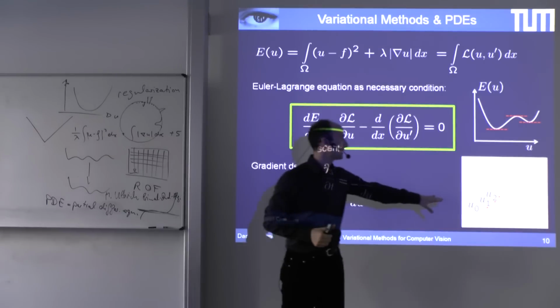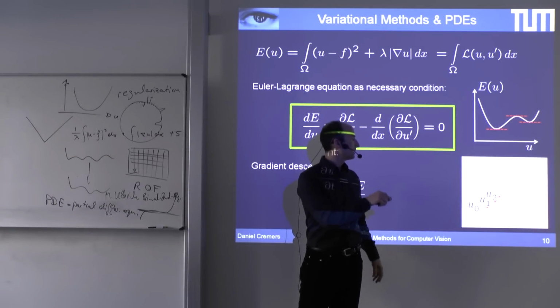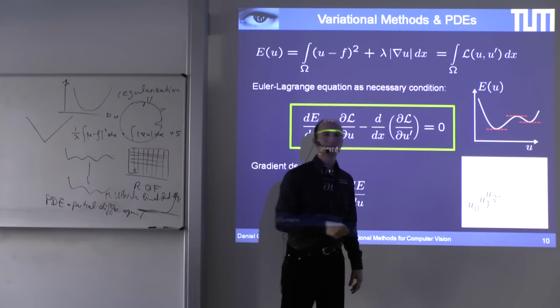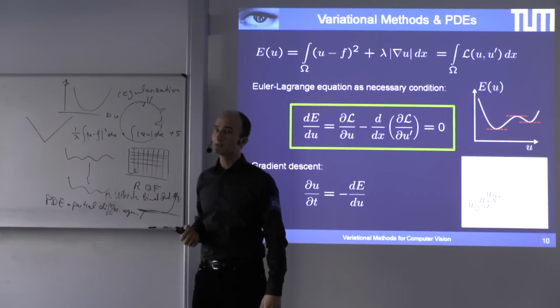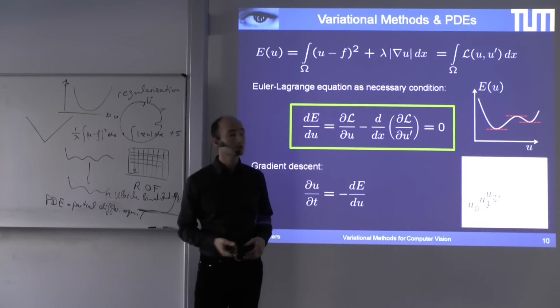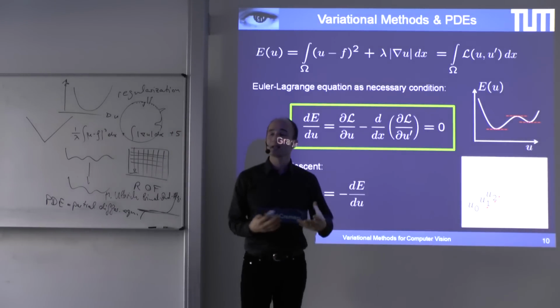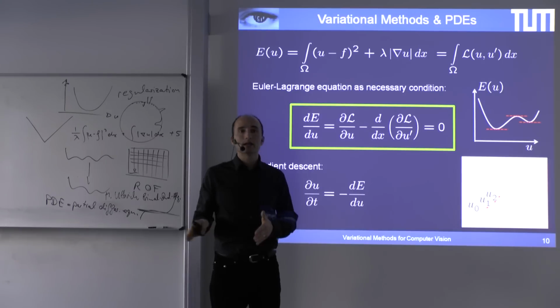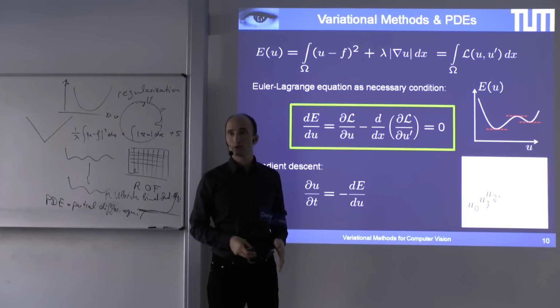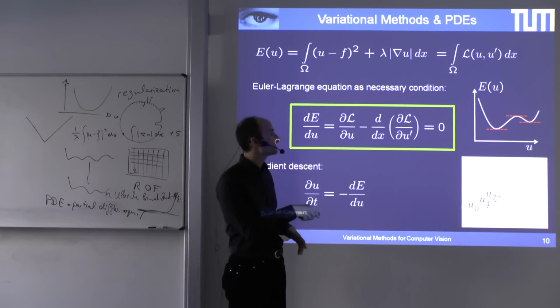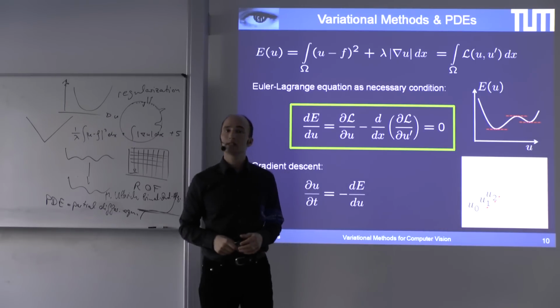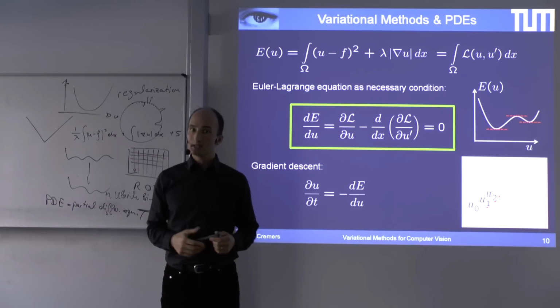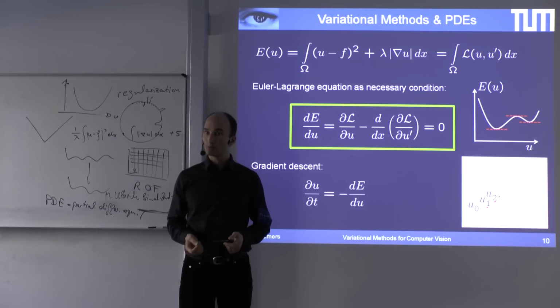Again, the picture is slightly misleading. Here, the image indicates that the solution space has 2 degrees of freedom, so it's a 2-dimensional plane. In practice, again, as I said, we have infinite dimensions. But the concept still applies that you find a direction in that space where the energy goes down the fastest, and you just move step by step in that direction until it doesn't go down anymore.